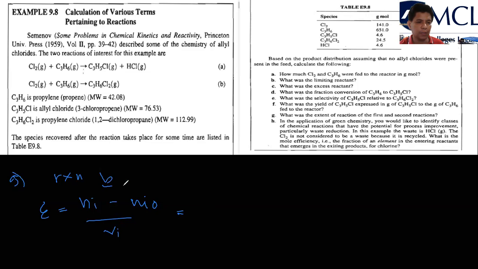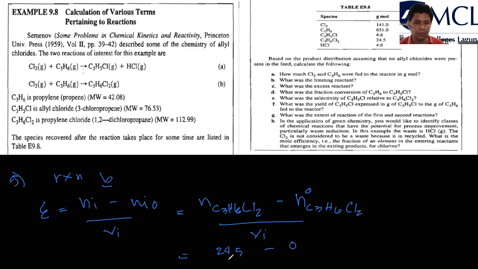For reaction B, it would be n of C3H6Cl2 minus initial n of C3H6Cl2, divided by v sub i. So this is 24.5 minus 0. Initially, there's no C3H6Cl2, divided by 1. So the extent of the reaction is 24.5.